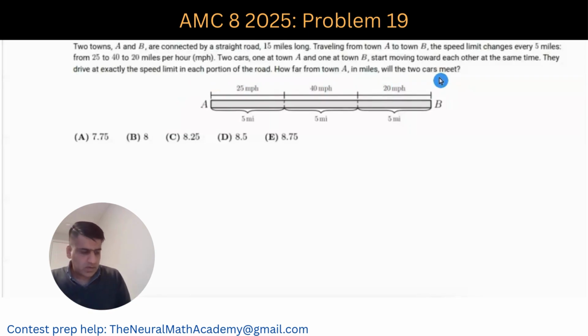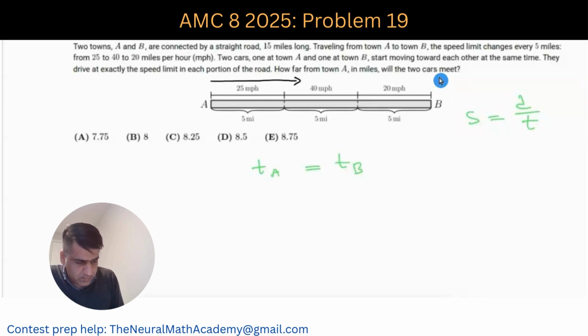So to solve this problem, we can start with this formula, that is between the speed, distance, and time. In this problem, since both of the cars are taking the same time, we can set up like this: time A is equal to time B. Since one car is going in this direction, the other car is coming in this direction, they will meet somewhere in this town.